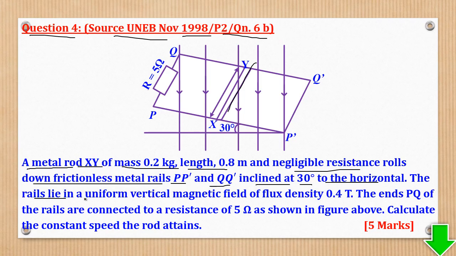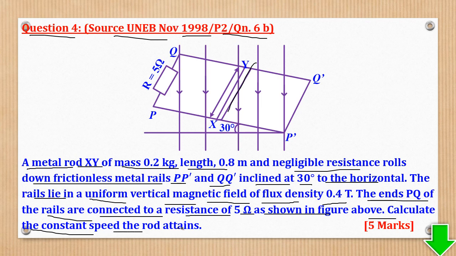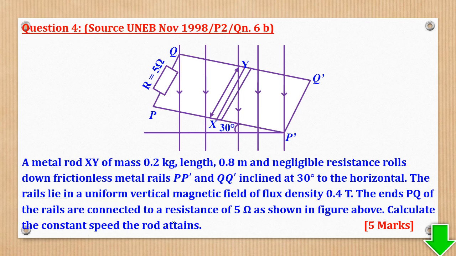The rails lie in a uniform vertical magnetic field of flux density 0.4 Tesla. The ends PQ of the rails are connected to a resistance of 5 ohms as shown in the figure above. Calculate the constant speed the rod attains.